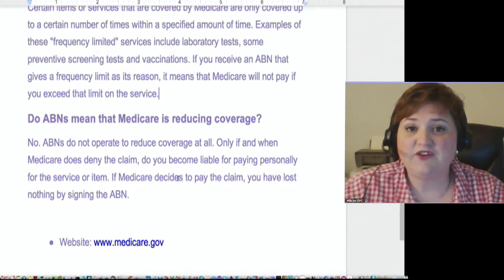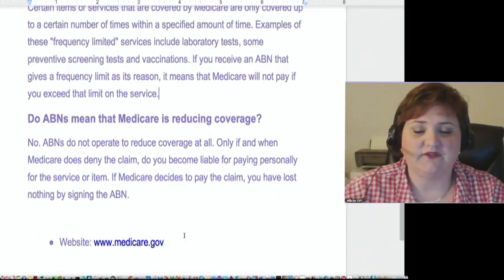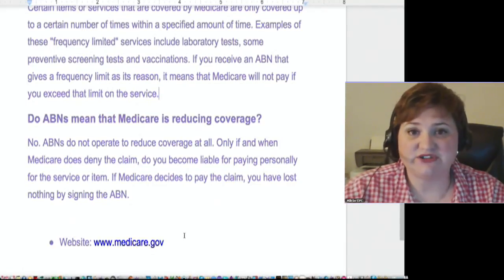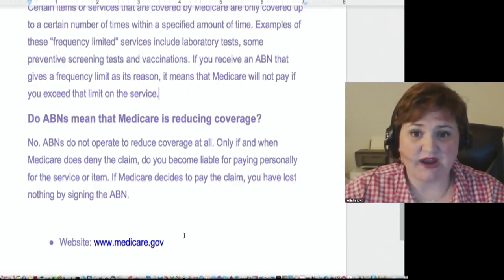But if they're ever in question, they can go to the website www.medicare.gov, and that gives a full explanation of ABN. You can go into the search site there and put in ABN, and it will give information about that. I would encourage you to have your patients go there and look that up if they ever question what an ABN is, or if you ever question what an ABN is.